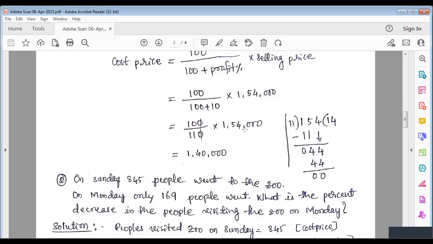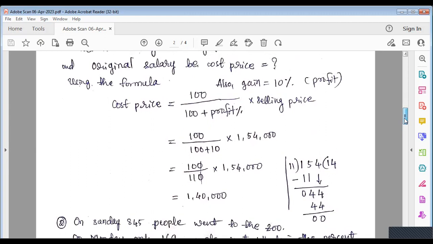That 14 you have to write here. And here 3 zeros you have left, and 1 zero here you have left. So totally you have to put 4 zeros. So this gives 1,40,000. So in this way, we solved this problem by making use of this formula: cost price is equal to 100 divided by 100 plus profit percent into selling price.